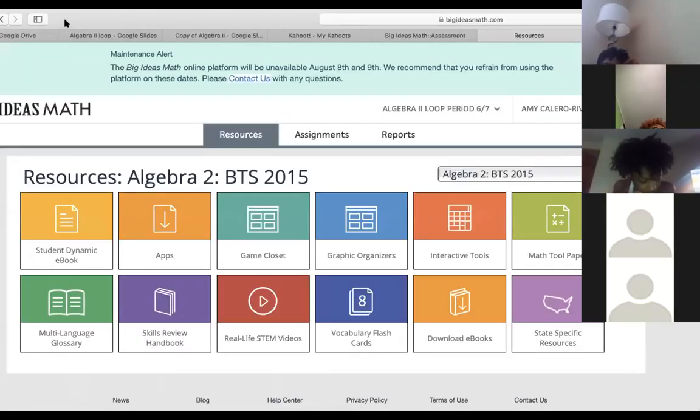All right, everyone, here's the link. Go ahead and click the link, and then log in using the login that we created on Monday. Is anyone having trouble logging in? When you log in, you should see a screen that looks like this.